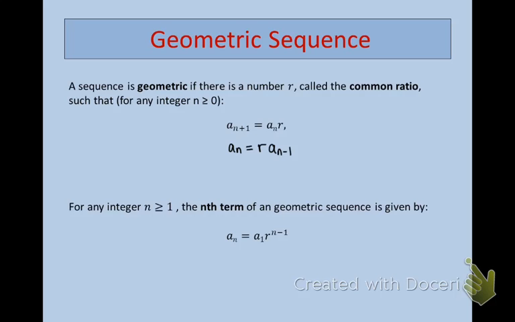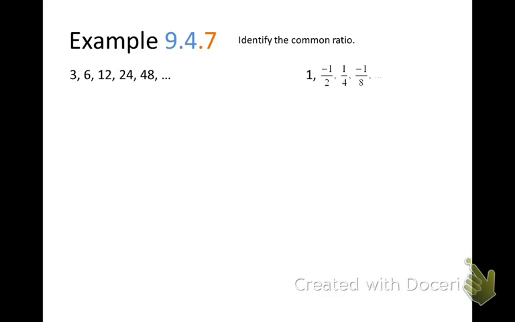So let's take a look at how we can use some of this. So for the first one, keeping it simple, just identify the common ratio. That's all I want. What's your common ratio? 2. Very good. You're multiplying by 2 every single time, and that's it, right? For the next one, what's your common ratio?